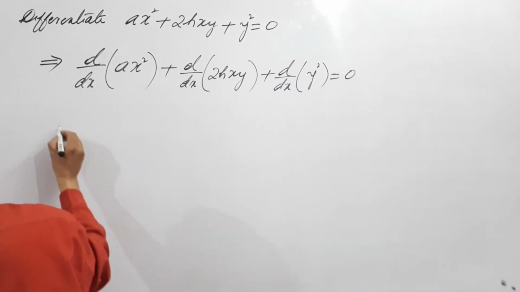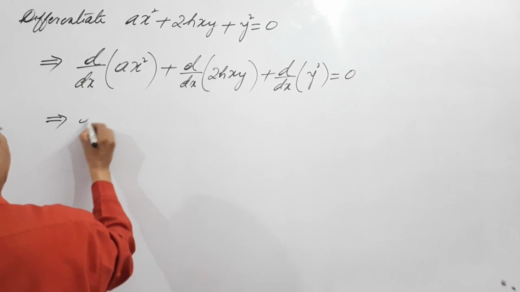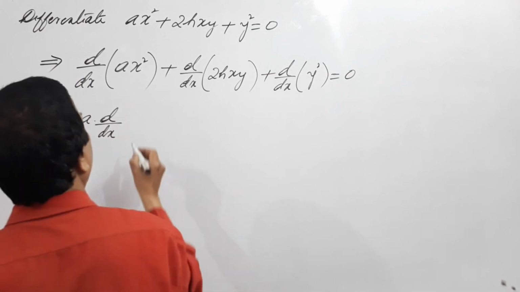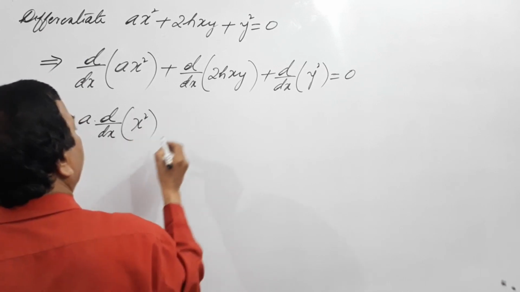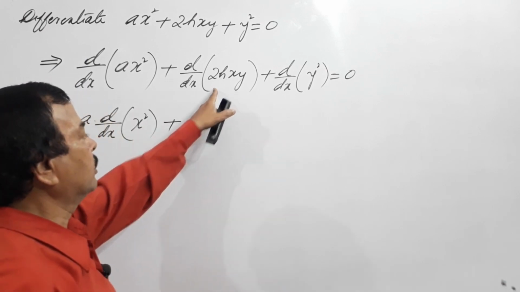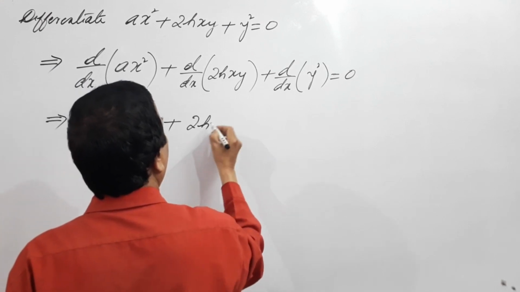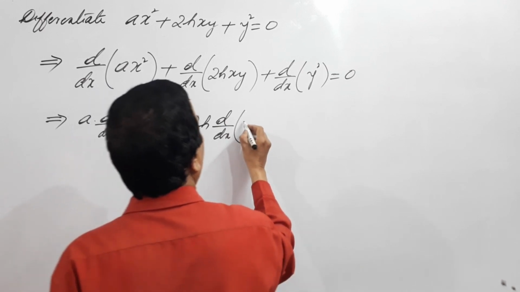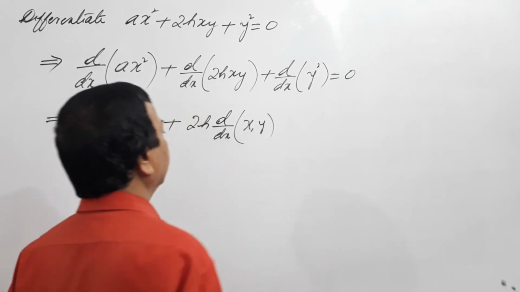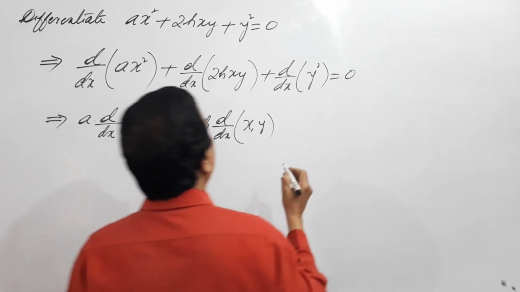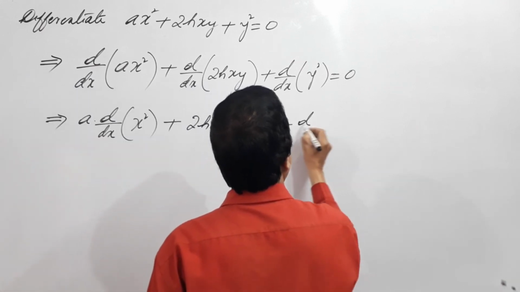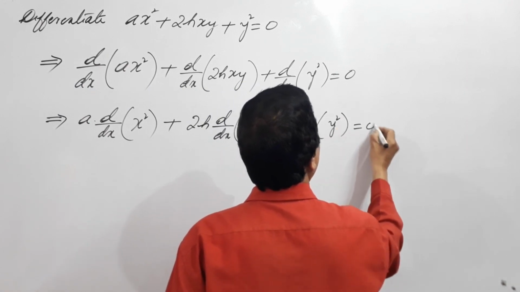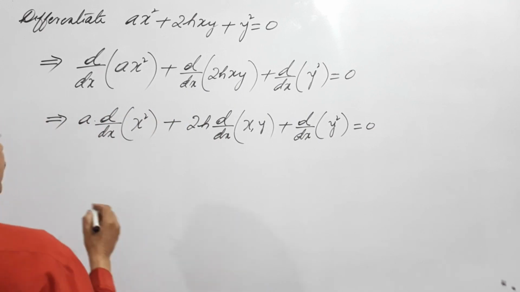So what I will do, I will take this a outside, this will be a d by dx of x square plus, I will take this constant 2h outside, 2h into d by dx of xy, plus d by dx of y square equals to 0. So let's apply product rule for this.